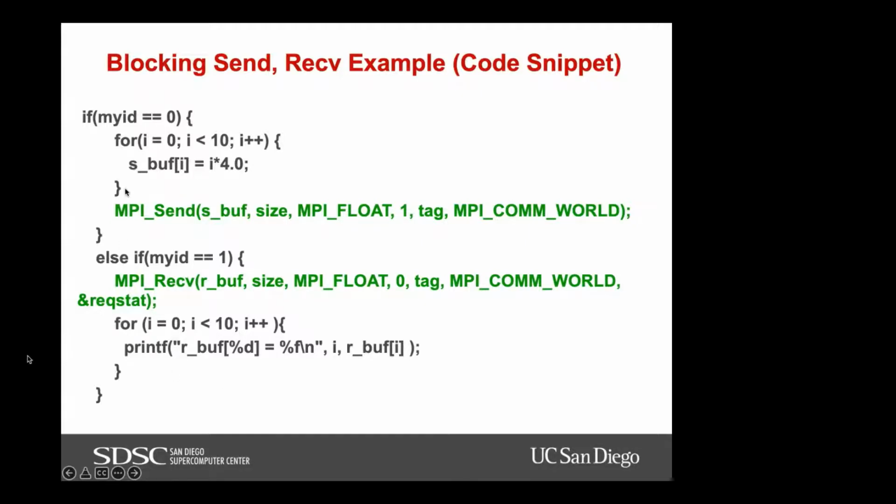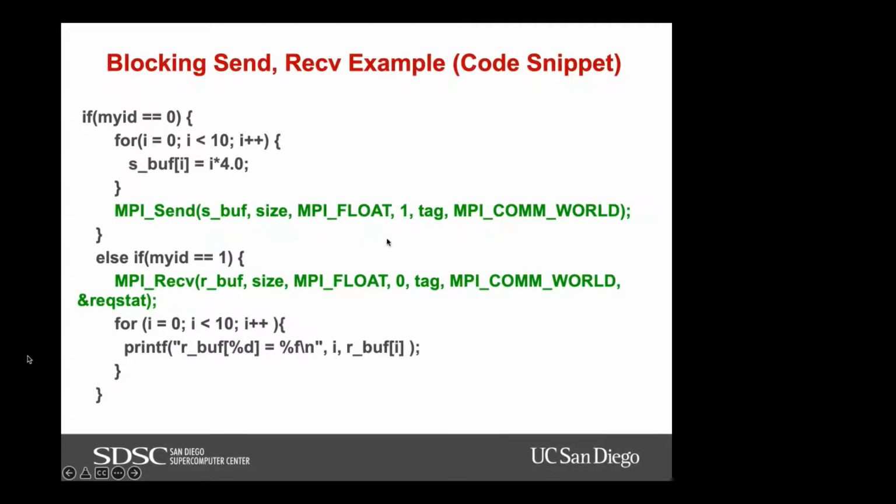So the call looks like this. This is a code snippet from the blocking send receive example that we will probably run in a second. What we are saying is, if my ID is 0, which is task 0, do a send. We are basically setting up the send buffer here, whatever we need to send. The send call will usually have the buffer, the name of the variable, then the buffer size, and the type of variable it is.